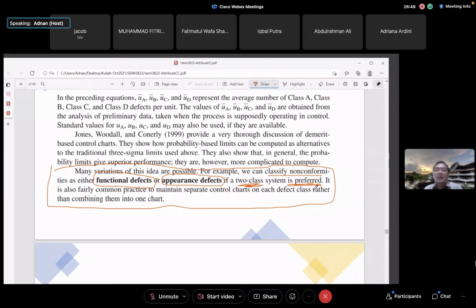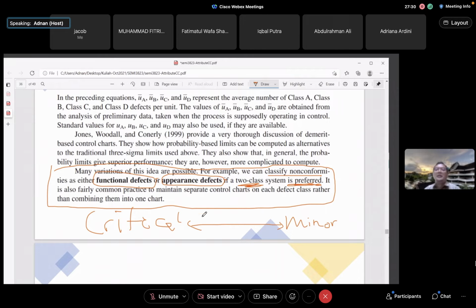If we say you classify the serious one, with functional effect that cannot be used, as critical, the other one is minor, appearance only. If we want to be more accurate, we add one more, anything in between critical and minor, which we are not sure of: not minor, not critical, but in between.